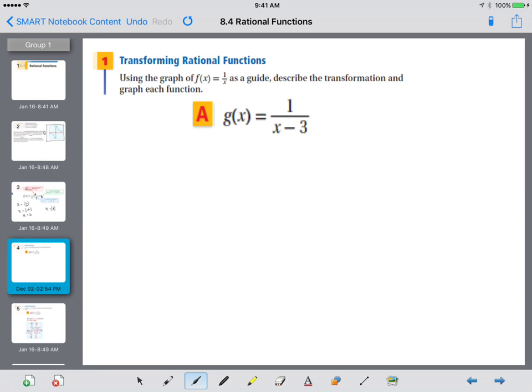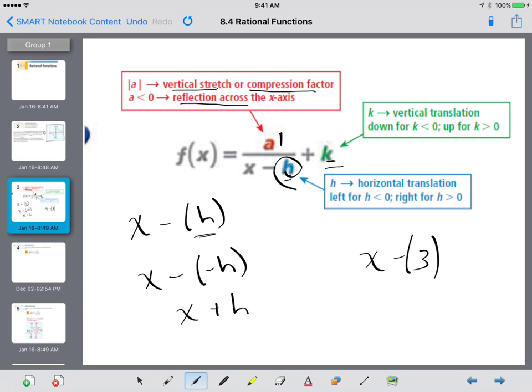So using the graph of f of x equals 1 over x as a guide, describe the transformation and graph each function. G of x equals 1 over x minus 3. Looking at our notes, we're given h. H describes a horizontal translation. If it's positive, it'll go to the right. If it's negative, it'll go to the left.